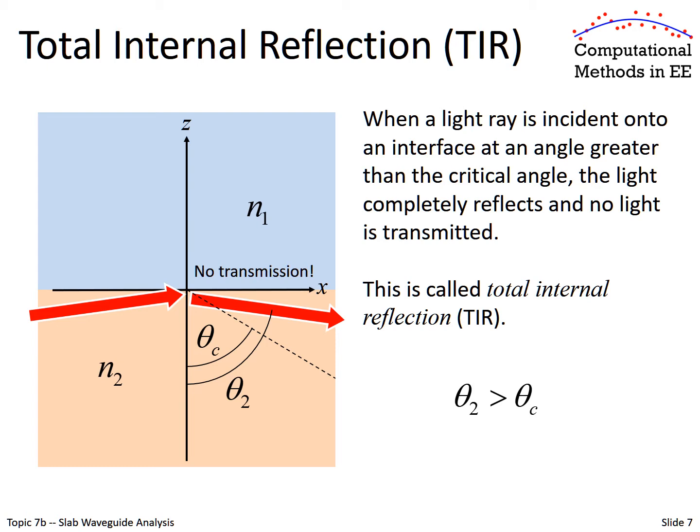And so we conclude that for total internal reflection to occur, the wave has to be in the high refractive index material, and it has to have an angle of incidence greater than the critical angle. And when that happens, none of the wave will transmit through the interface, it will only reflect.